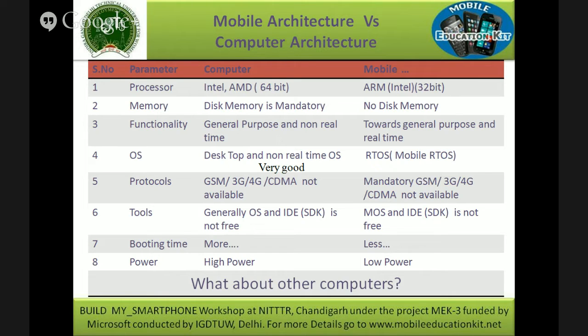That is to a certain extent, and booting time is more or less, and power consumption, and there are differences at one side. But looking into the similarities, there are n number of similarities. Processors you can have both, memories, IOs, but of course some difference in terms of physical size, power consumption, the environment, the applications, the functionality. These are all good.